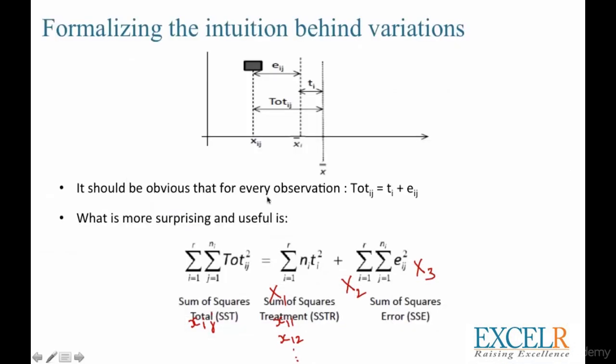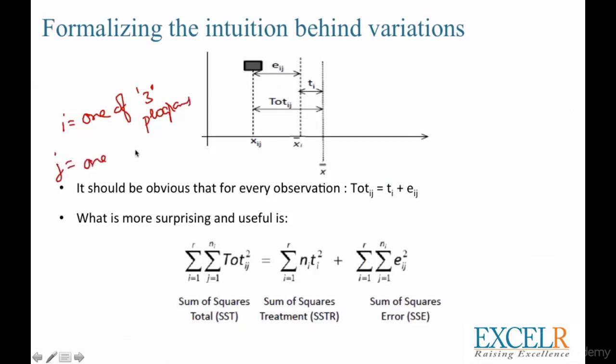So Xij here refers to the weight loss of a person who is assigned to a specific diet program and the specific entry. i is equal to one of the 3 programs, and j is equal to one of 12 participants. So Xij is a weight loss of 1% represented using a small rectangle here.